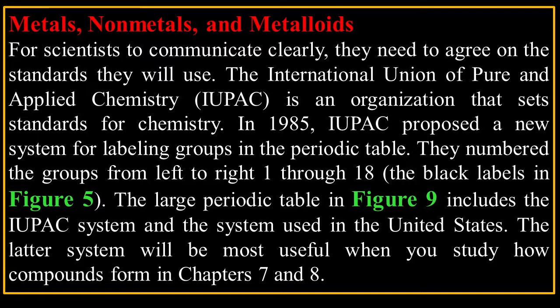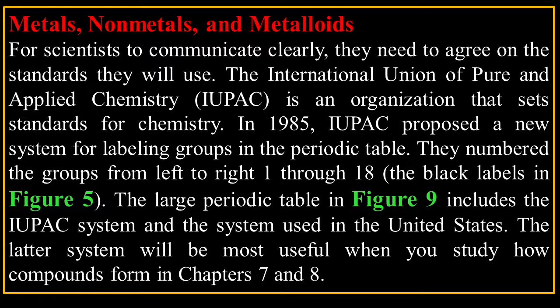The International Union of Pure and Applied Chemistry, IUPAC, is an organization that sets standards for chemistry. In 1985, IUPAC proposed a new system for labeling groups in the periodic table. They numbered the groups from left to right, 1 through 18, the black labels in Figure 5.